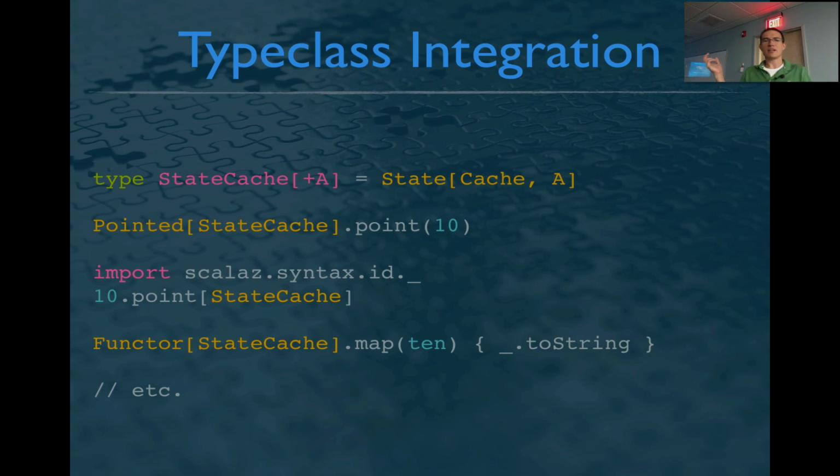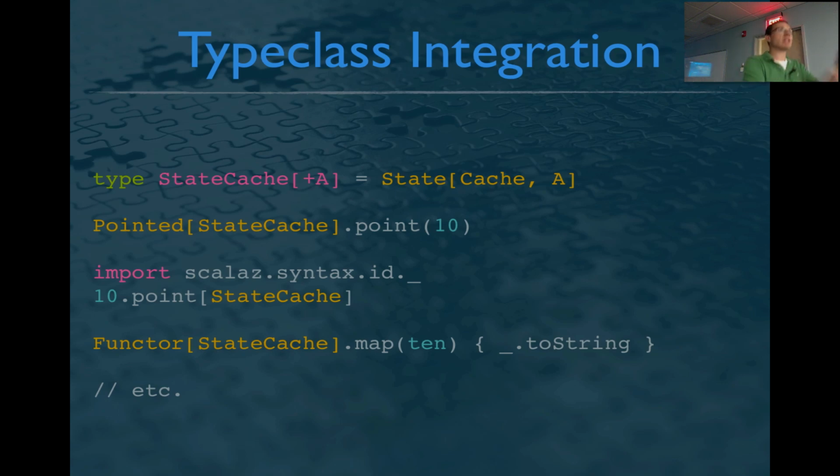Some other nice things here is that if you import scalaz.syntax.id, and you remember using the Scalaz 7 module design, I can actually enrich my types with additional methods via the syntax package. So here, scalaz.syntax.id says enrich any type. Given any value of type A, add methods to it.